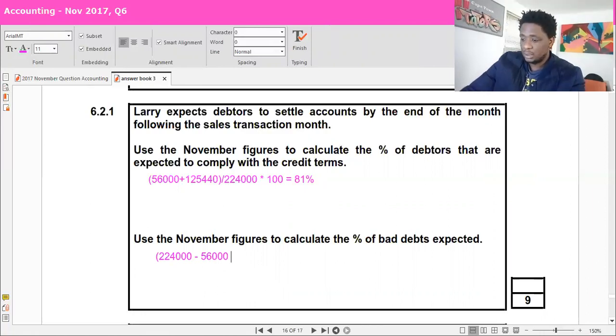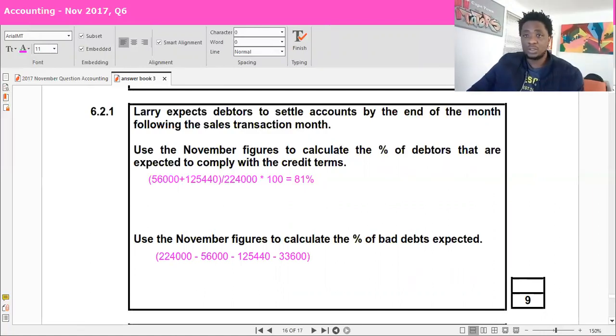And then I'm going to subtract the 125,440 because they're also going to pay, so they're not going to be the bad debts. And also subtract 33,600 because even if they're paying while they are not in compliance with the credit terms, they still are not bad debts.